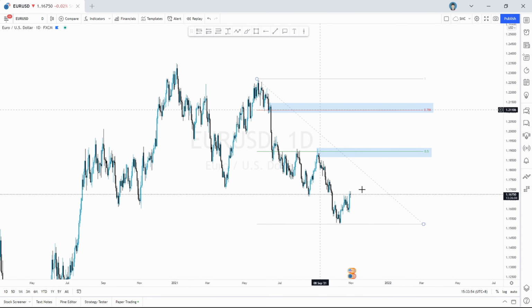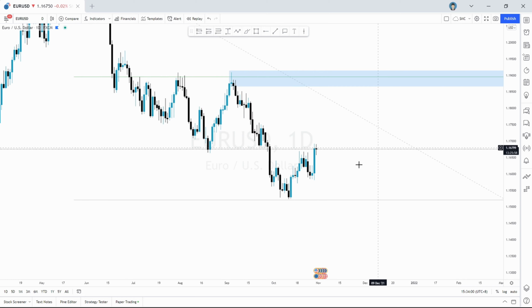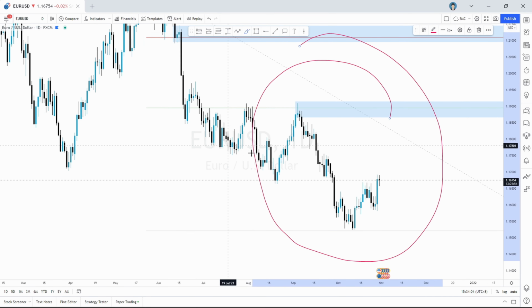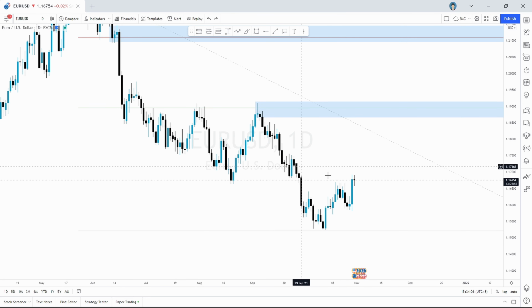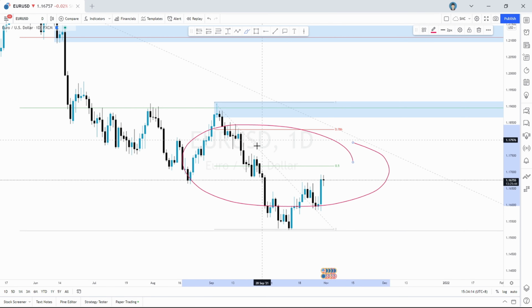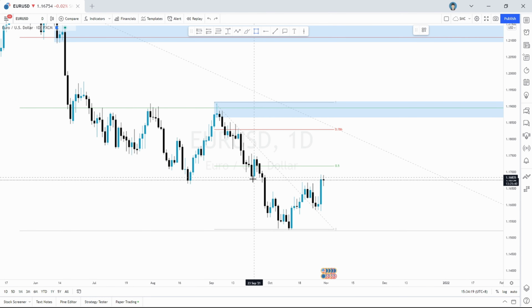Since this is the daily time frame where it could take a few months to happen, what we can do as day traders is look for entries on lower time frames. For example, since we're currently here, if we measure from this swing high to this swing low, look at the 50% of this retracement. It's lining up with this certain POI over here.